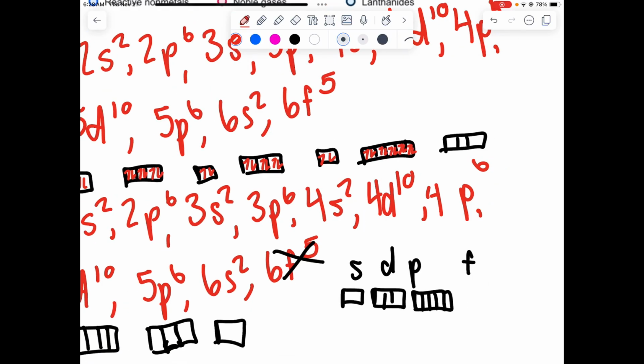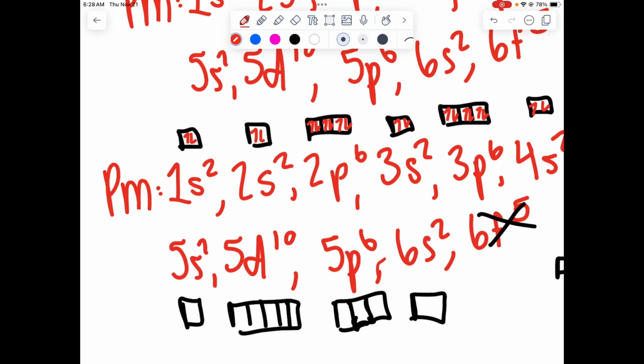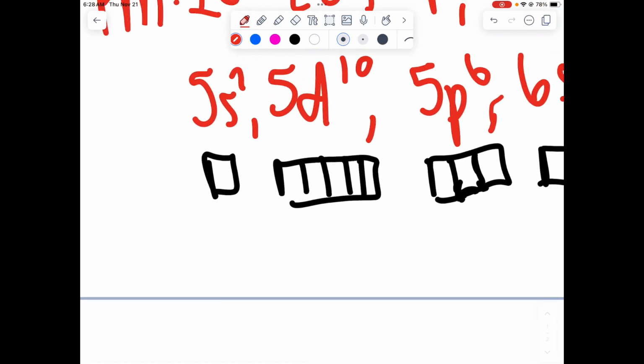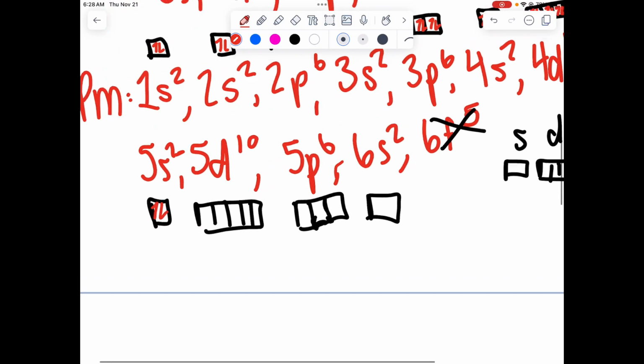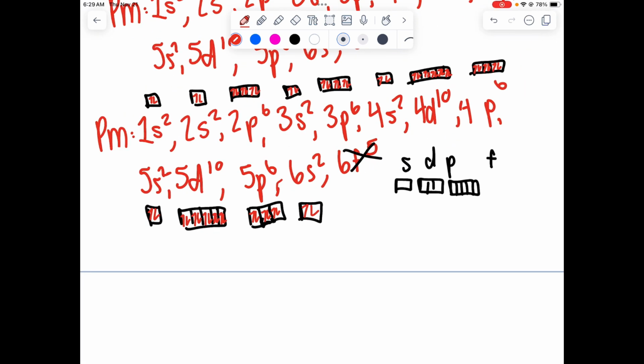So 1, 2, 3, 4, 5, 6. This is a 2. Basically all of these are full. Okay. Label them by the circle.